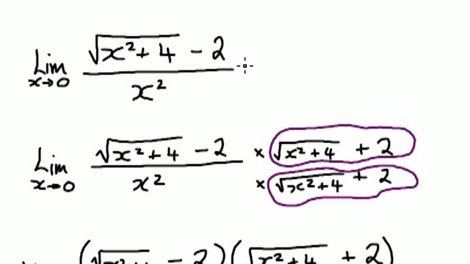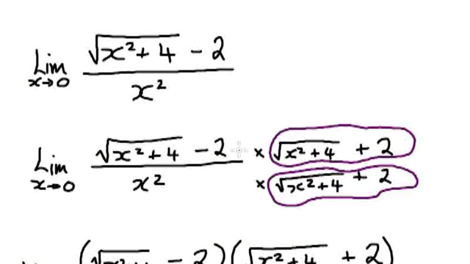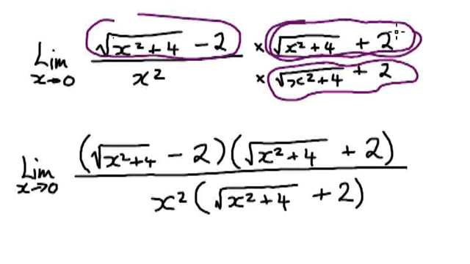So here we are going to multiply by, so here you've got this thing here. Okay, so this is our block here, and then this is our block here. So really we are multiplying top and bottom by the conjugate of this here. Okay, so here notice that this is a minus, this is a plus. Now when you do that, it then becomes nice and neat later on. Okay, so now we've got this bubble here multiplying this bubble here.